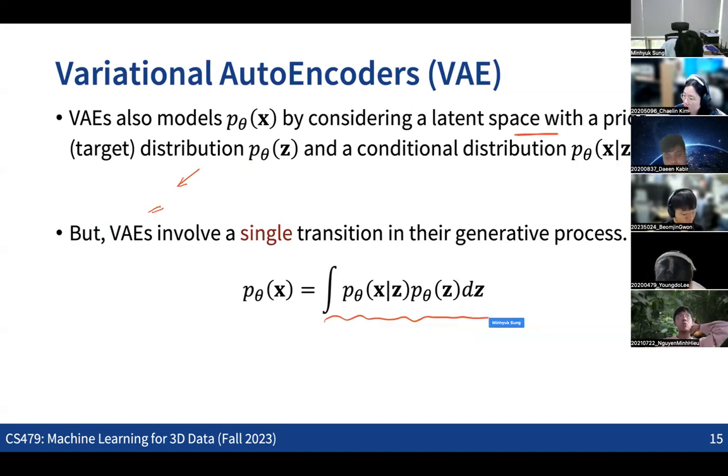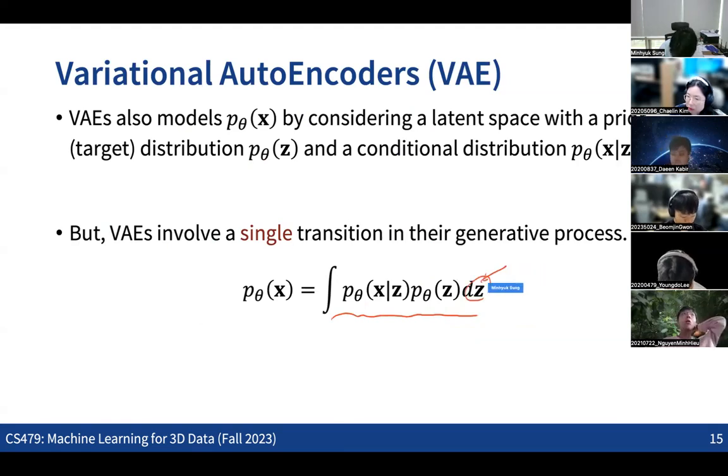We have lots of infinitesimal samples in the space, and we multiply the probability values for these samples, given the prior distribution and also this conditional distribution. If we can compute the integral, we get the probability values for each of the data samples that we have.